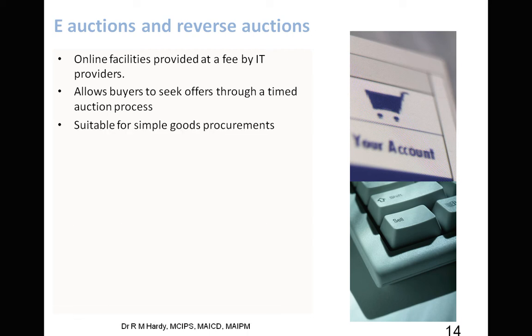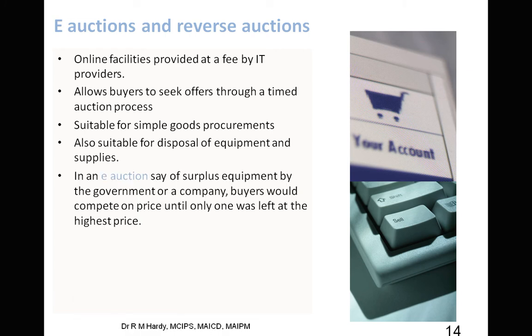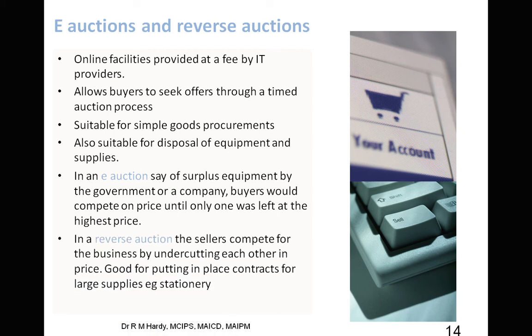At the end of the day, the best price is the one that gets the job, or gets the contract. And of course, reverse auctions are the ones where the lowest price is the one that gets the job. So this kind of method is certainly not recommended for construction, because that's the very thing that we don't want, which is people undercutting each other.